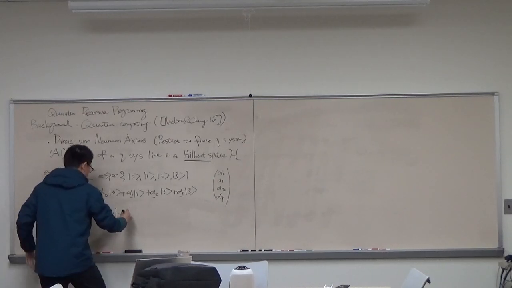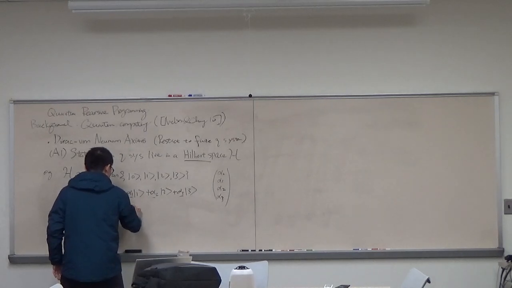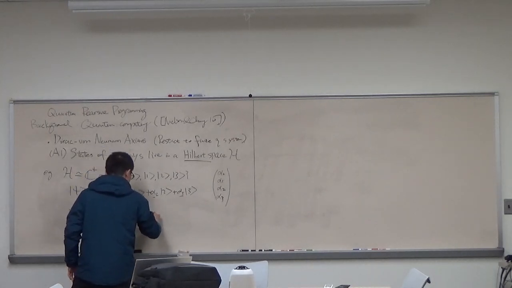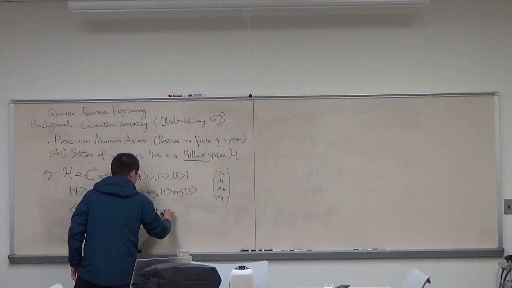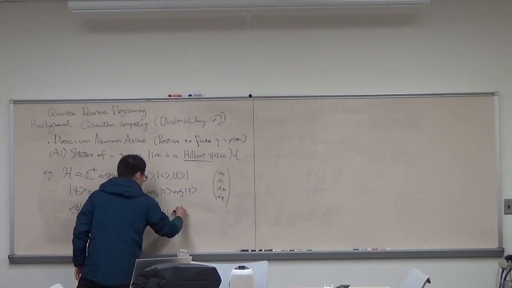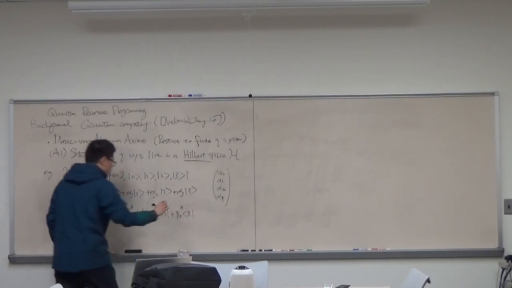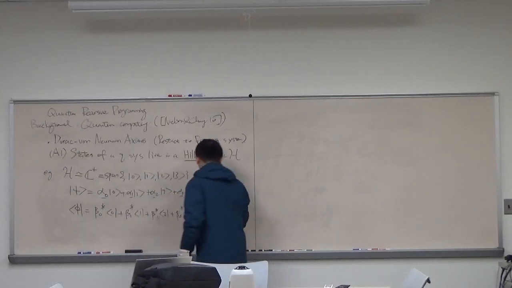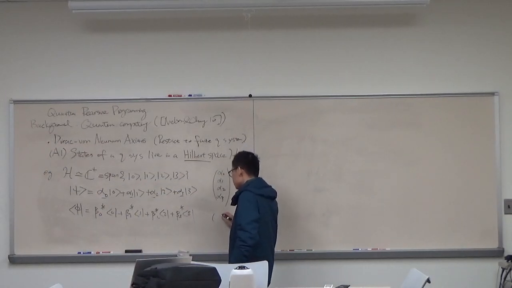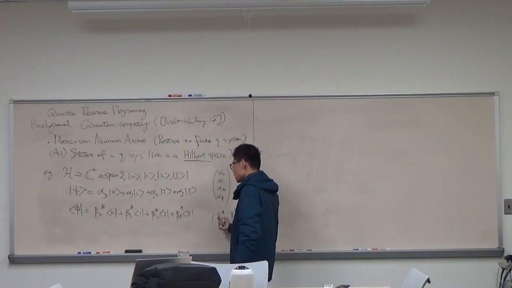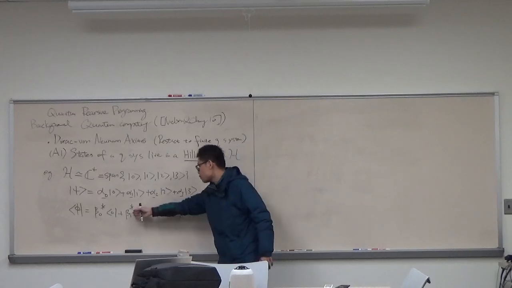We can also write it as beta 0 bra 0 plus beta 1 bra 1, plus and so on, and it corresponds to this row vector. Here the star just represents the complex conjugate.